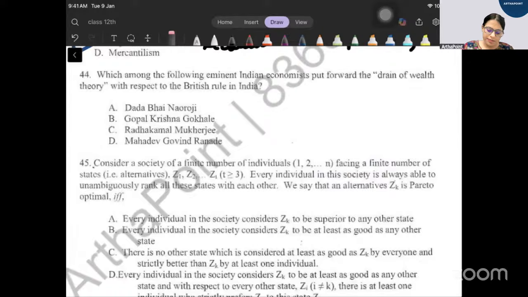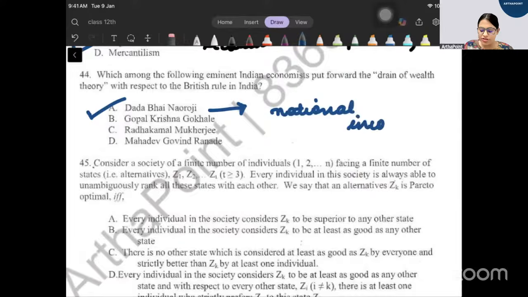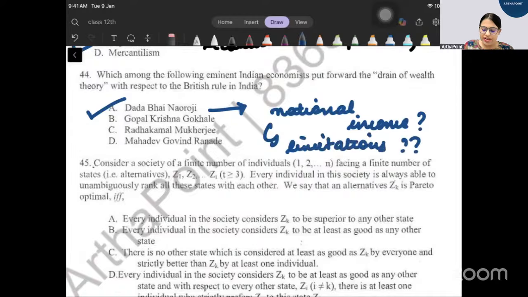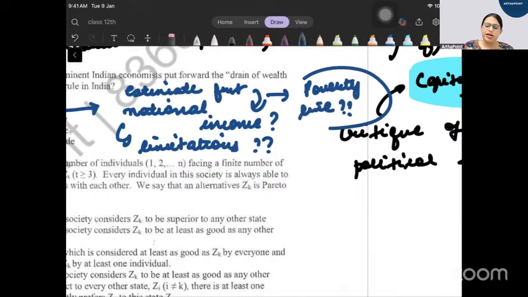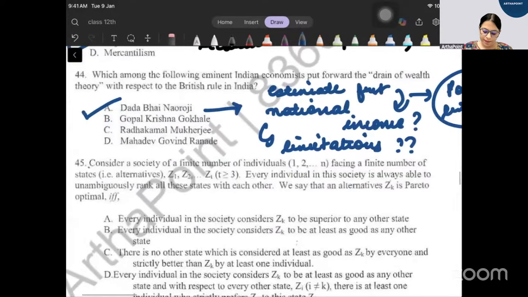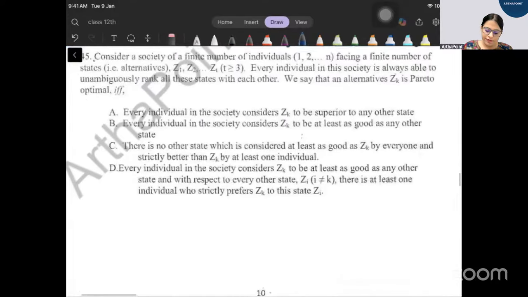So answer will be Dada Bhai Nauroji. Acha, you have to remember ki who gave the concept of national income for the first time? What were the limitations? ये सारा चीजें you have to remember. What was the estimate of national income done first time? First time national income का क्या estimate था? What was the estimate of first time poverty line? ये सारा information you have to remember. Okay? ठीक है, do question number 45.